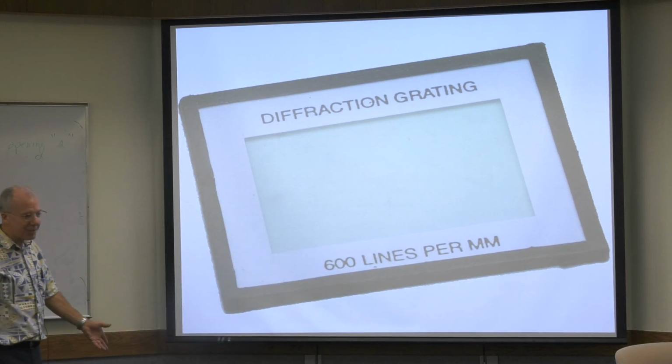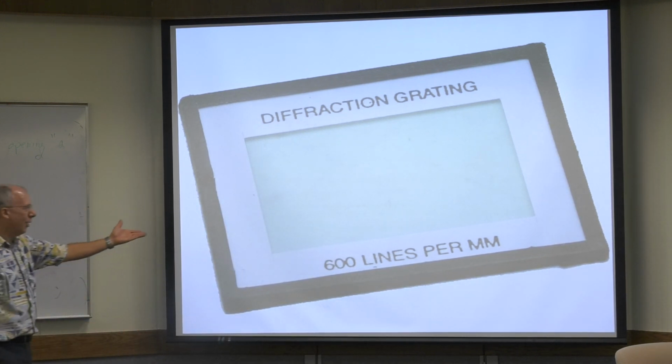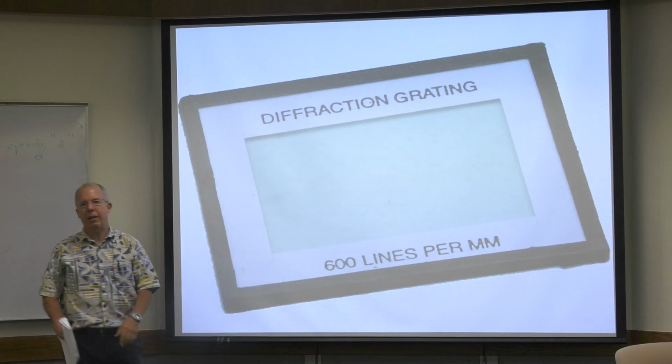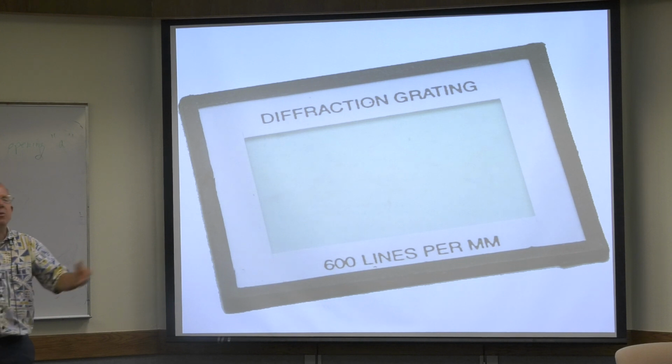Now that's impressive, don't you think? I mean, it doesn't look like that, but 600 lines per millimeter. You can buy them where there's thousands of lines per millimeter. So that's a diffraction grating, okay? Pretty impressive. All right, so we gotta analyze a diffraction grating now.